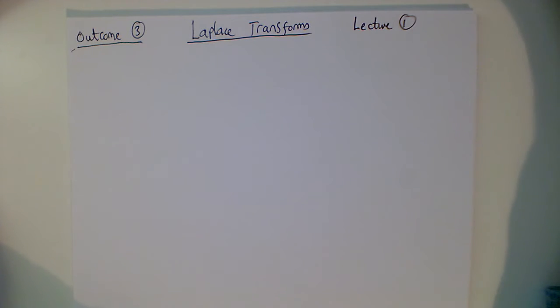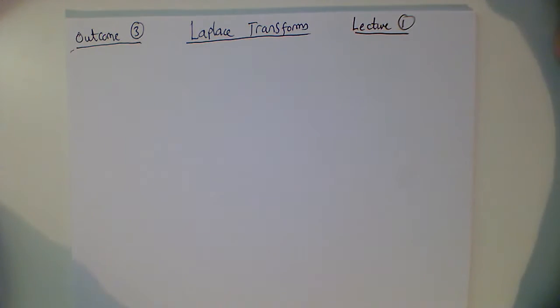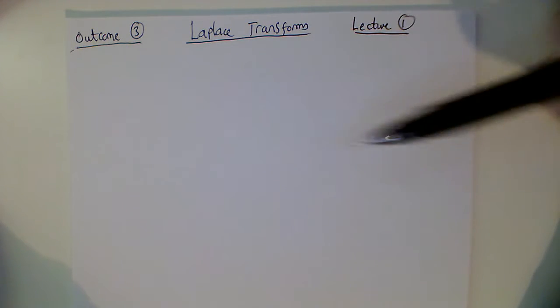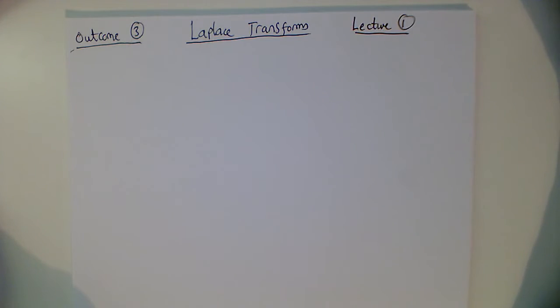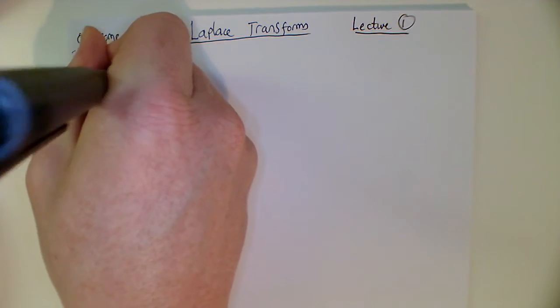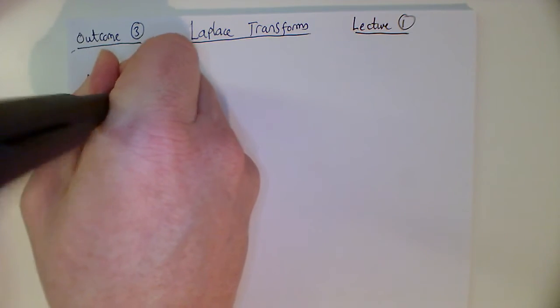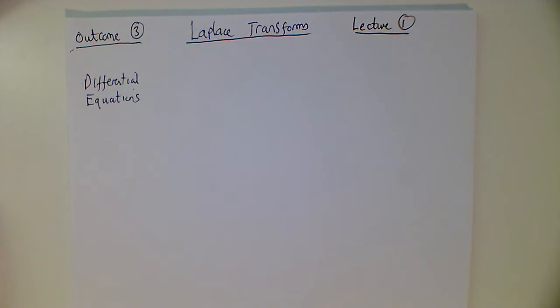So as long as you follow the steps and you remember your knowledge of partial fractions and normal algebra, we should be alright. Okay, so let's have a look at what they do for us. Now, the most important thing in engineering that controls so many different things are differential equations.